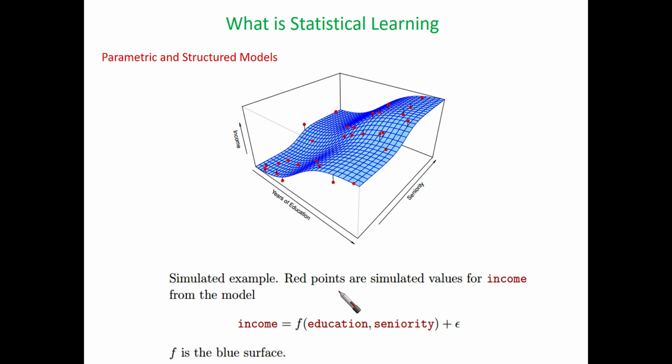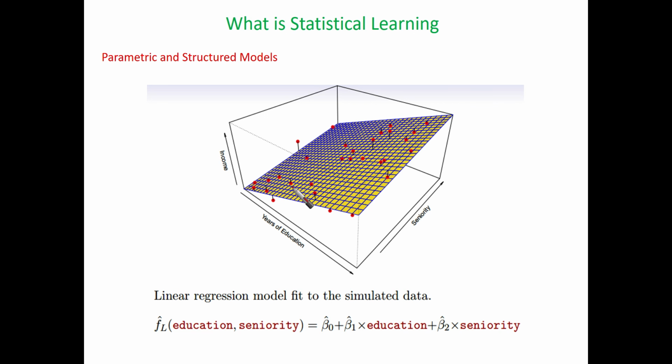So this red point is our data that we simulated from this true function by adding a little bit of error. This plane is basically coming from a linear model. So the linear regression model fit to the simulated data is like this: you have parameter beta naught, then parameter beta 1 multiplied by education level, and then parameter beta 2 multiplied by seniority level.